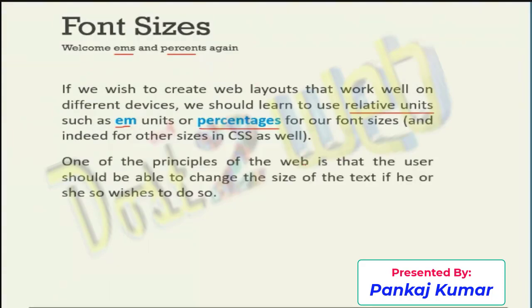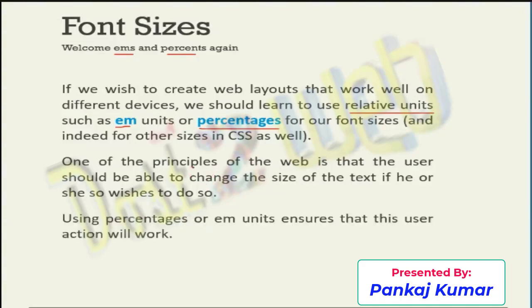One of the principles of the web is that the user should be able to change the size of text if he or she wishes to do that. That means you can change it. If you want to change any text or font size, the user can do that. But it will be for the time being. It's not like you will change permanently whatever the web developer has done.